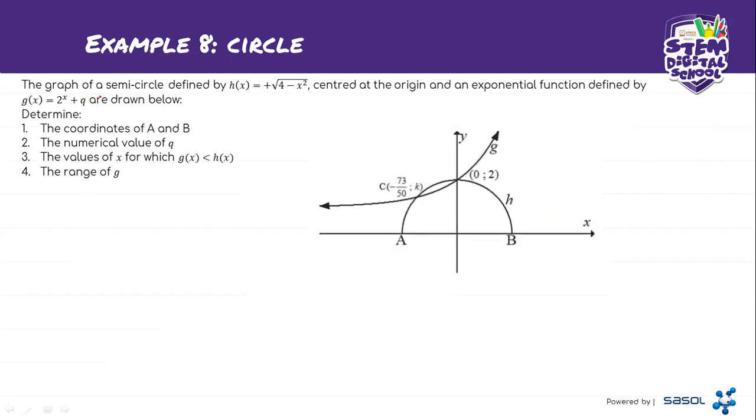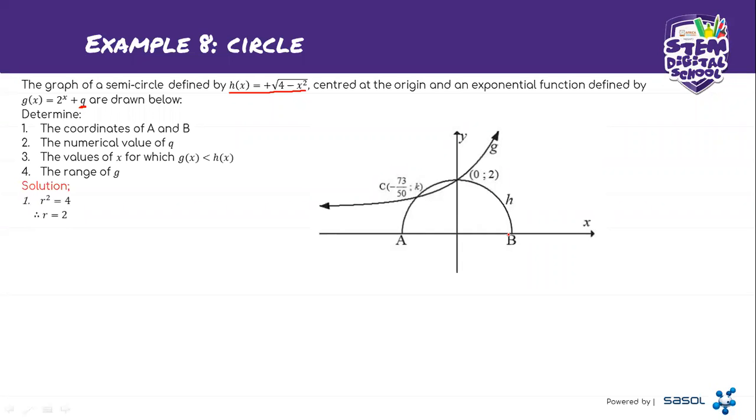The graph of a semicircle defined by this, you can see now the equation is centered at the origin, and the exponential. Let's see how we determine that.